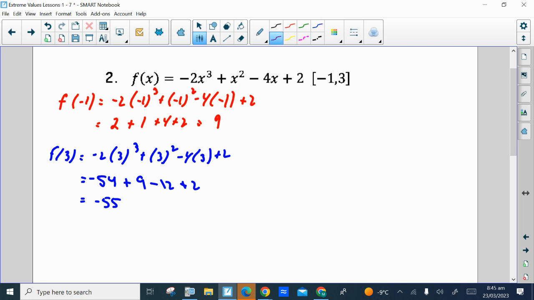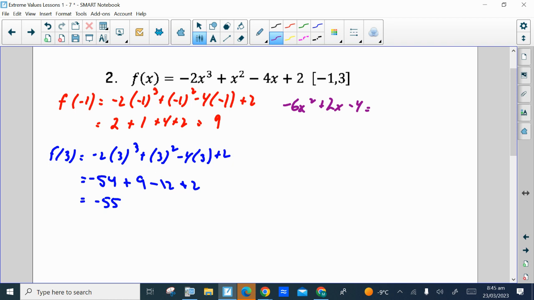So again, the derivative, which is negative 6x squared plus 2x minus 4, that would give you the slope of the tangent.